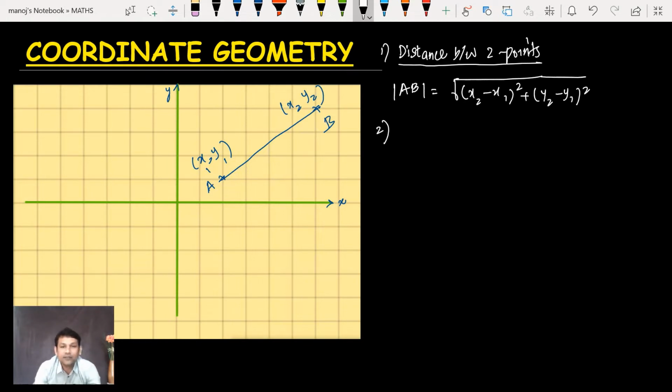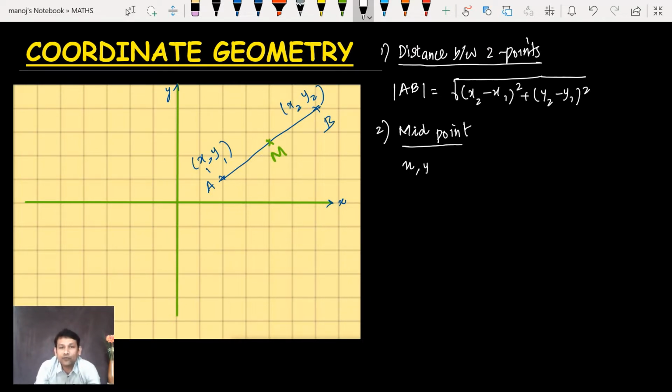The second is if I want to find the midpoint between these 2 points, so the midpoint formula. The midpoint M is definitely here in between these 2 points. We have two ways to write this formula.